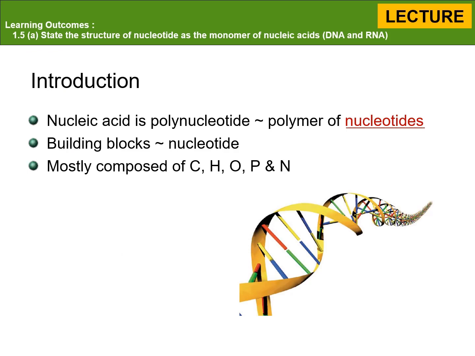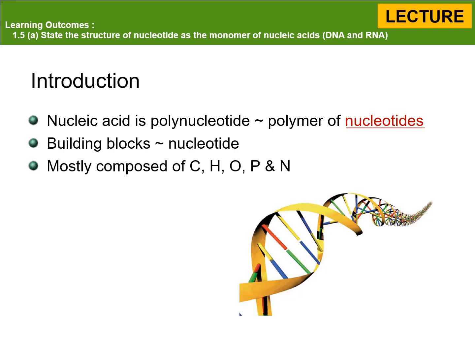Nucleic acid is a polynucleotide. It is a polymer of nucleotides, meaning many nucleotides are joined together to form a chain of nucleotides. The building block or basic unit of the nucleic acid is the nucleotide.